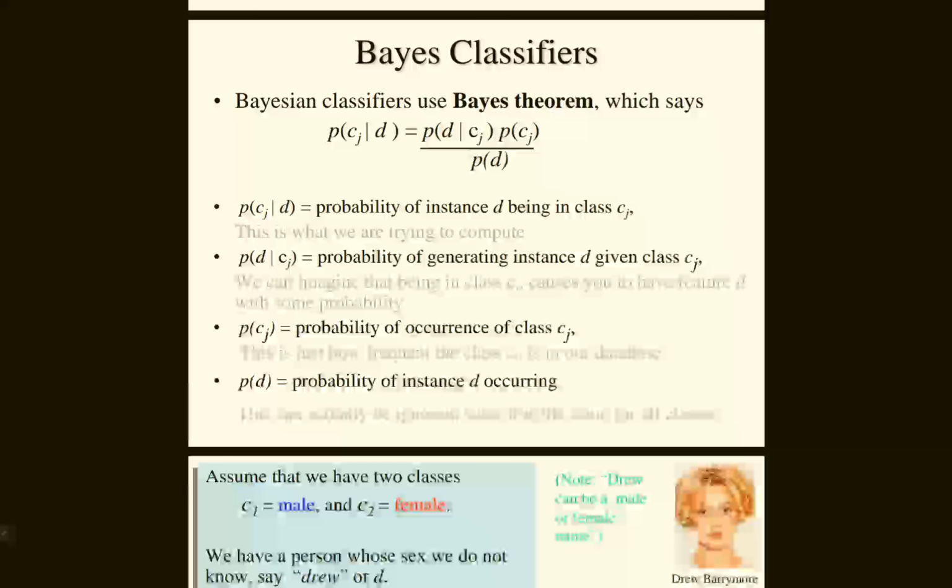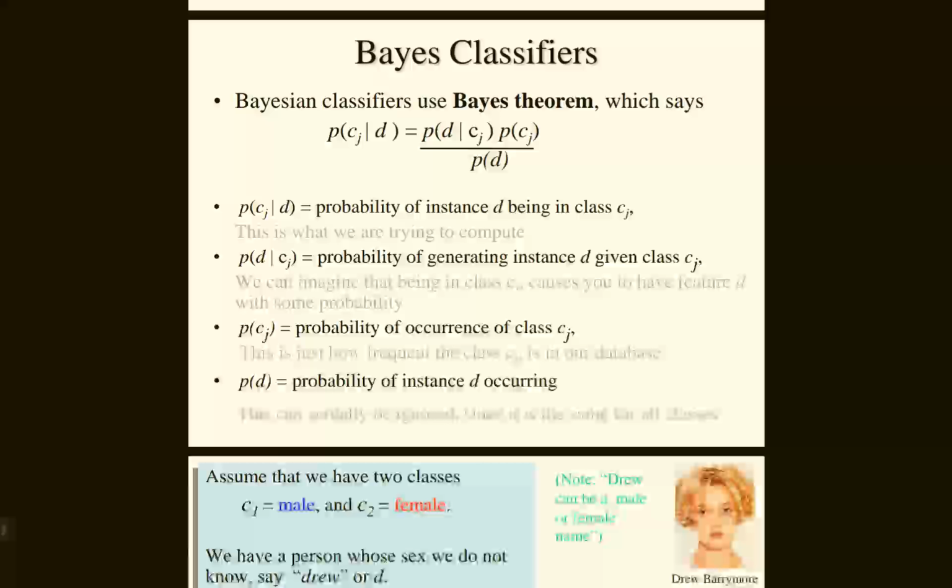We have to compute this value, the probability of instance D being in class Cj, which means the class label is given and we have to calculate the probability of instance D. Second, equal to, the formula is the probability of generating instance D given class Cj. Okay, what does this mean? We can imagine that being in class Cj causes you to have feature D with some probability.